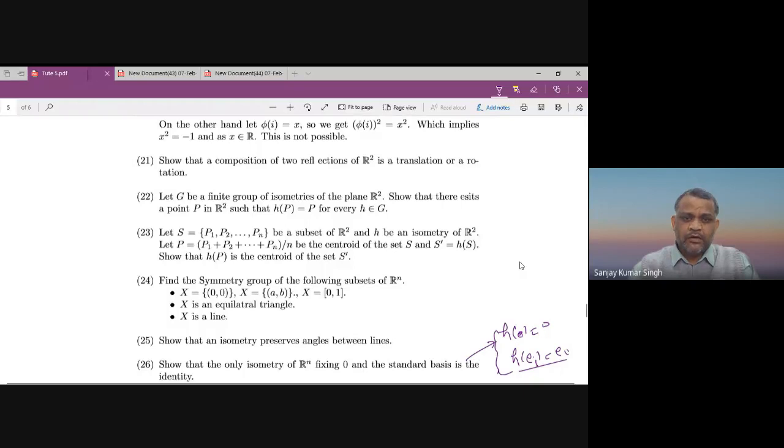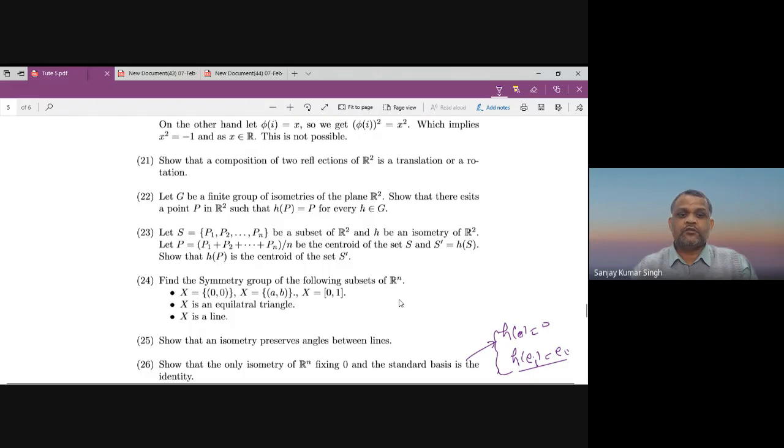Why? Because we know that any isometry of R2 is nothing but of the type A, an orthogonal matrix, and some translation vector W. So suppose H is an isometry, then what is HP? It will come directly, because isometry sends vertices to vertices.